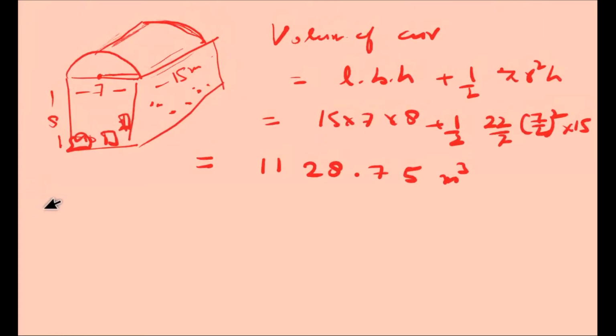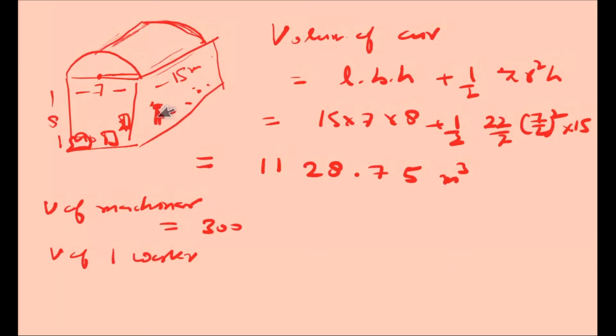Volume of machinery is given, let 300, and volume of one worker, here is a worker, is also given, 0.08.